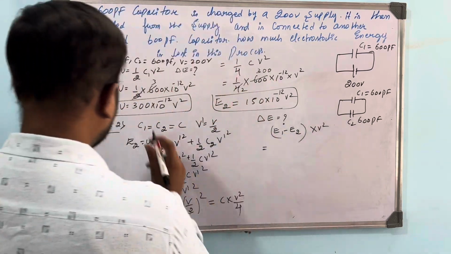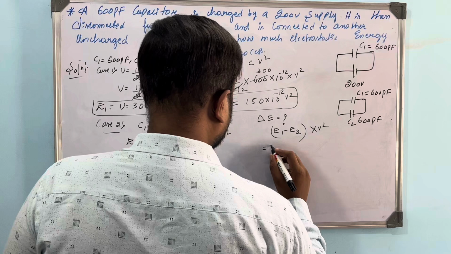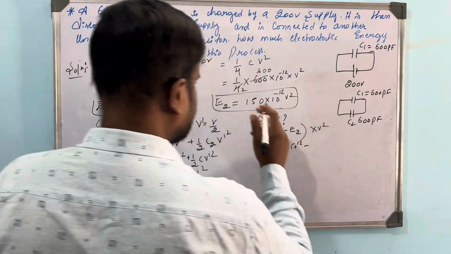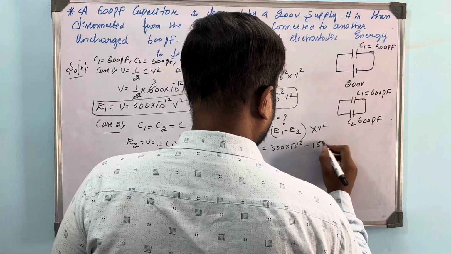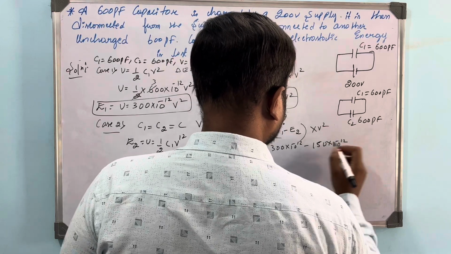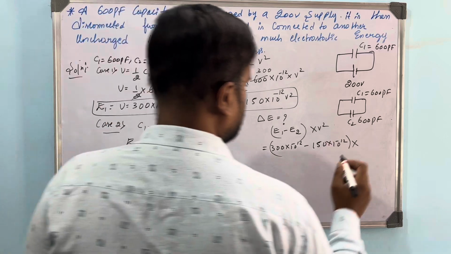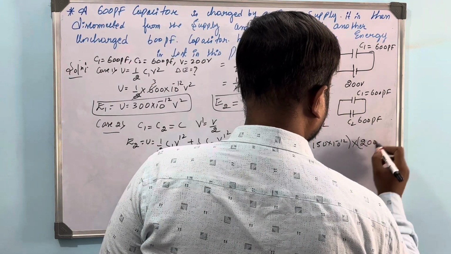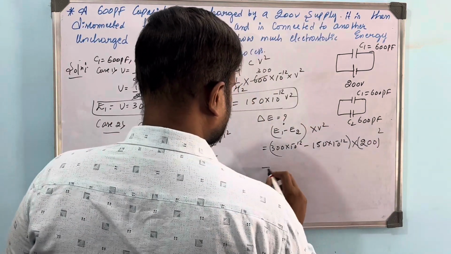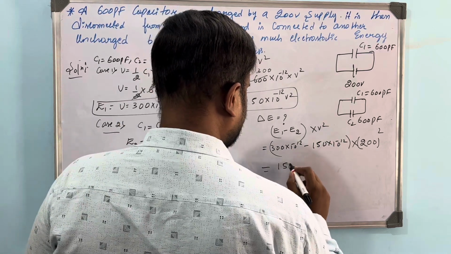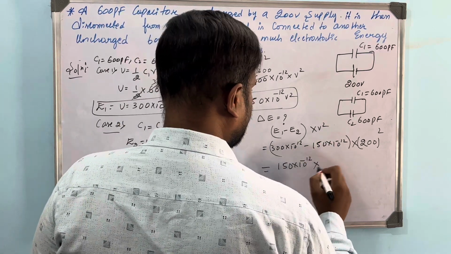E1 is 300 into 10 to the power of minus 12, minus E2 which is 150 into 10 to the power of minus 12, into V square.